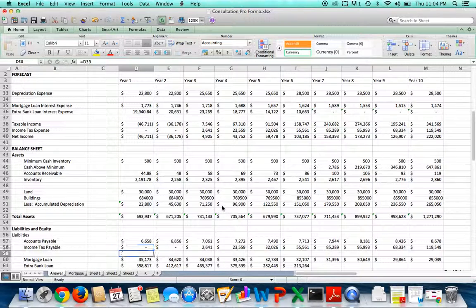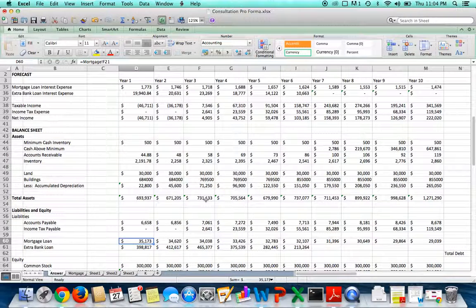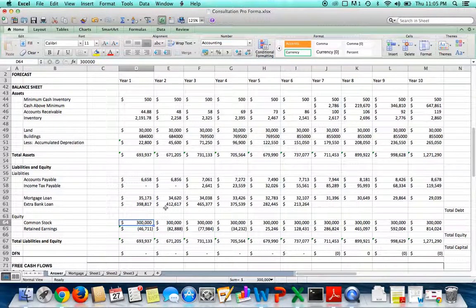And then our income taxes payable, our mortgage loan, which was our building plus our land times the 5% to figure out how much of a mortgage loan they would give us. Our extra bank loan was computed by the DFN. We said that we would issue $300,000 of common stock. Our retained earnings is computed here. And then we have our total liabilities and equity.